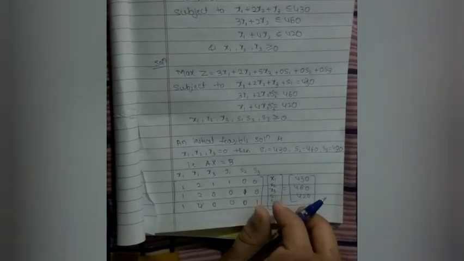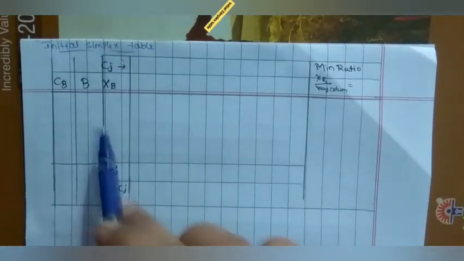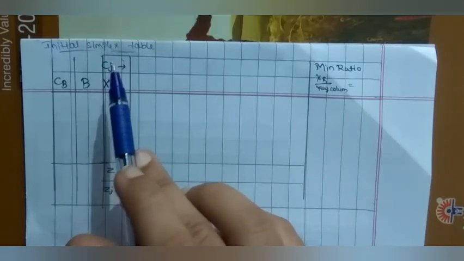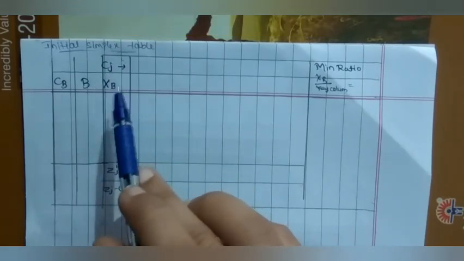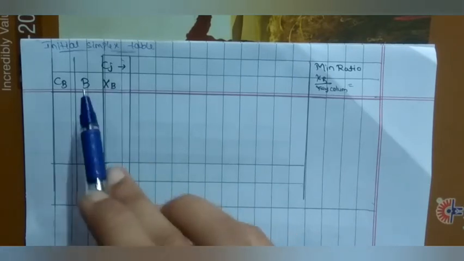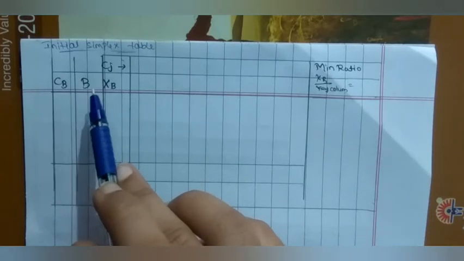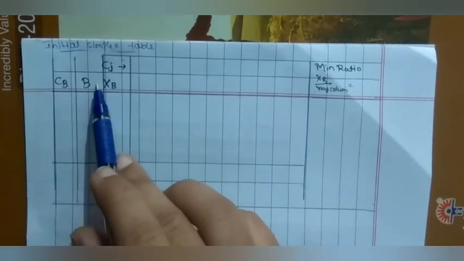The next step is to construct the initial simplex table. This is the format of the initial simplex table. Here Cj is the coefficients of the objective function, xb is the RHS set of values, basis is the slack variables which we have to add, and cb is the coefficients of the slack variables.